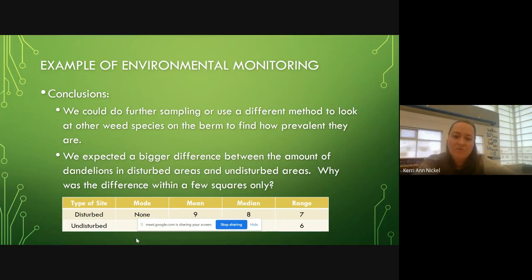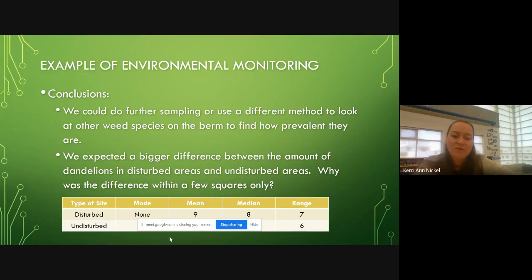And so this is a really good case study, not just to show environmental monitoring, but to walk you through the scientific process where we come up with a problem, we make some guesses or estimates of what we expect we're going to find, which we didn't focus on as much in this one. We could have done that. Then we put together our materials and a procedure.